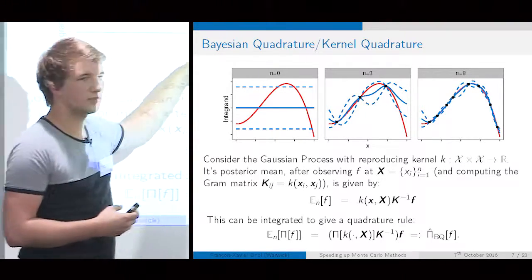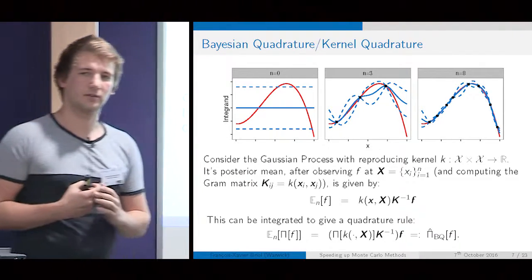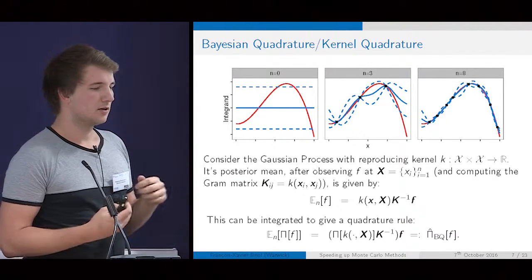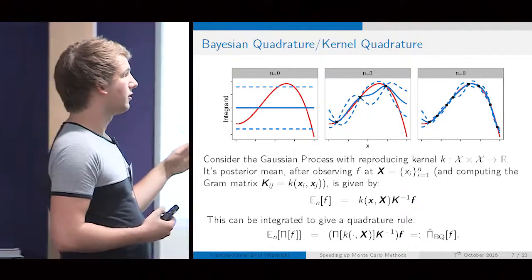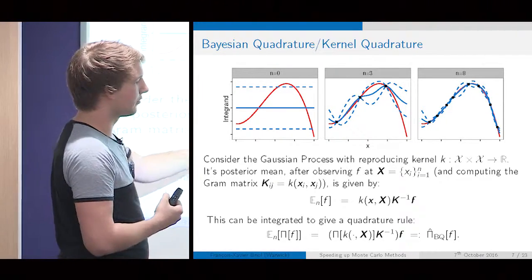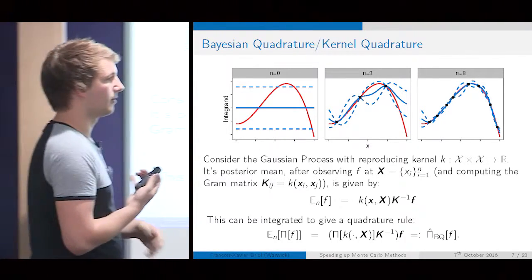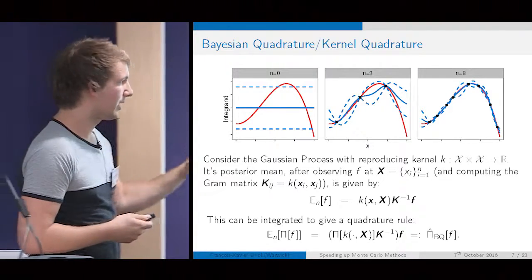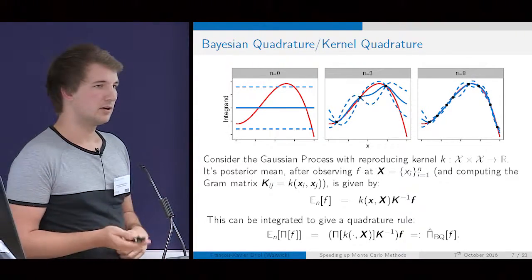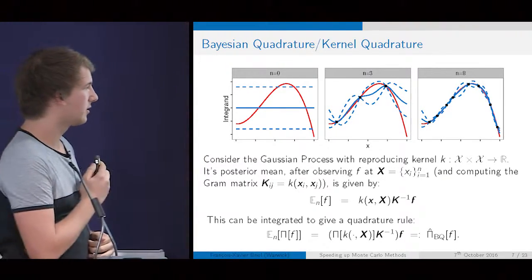Here I've used a very smooth kernel, so I have nice and smooth curves. Essentially, this is a way for you to use some prior information you might have about your integrand to improve on the performance. So if you choose your kernel well, then you'll get really good performance with this. I'm not saying choosing the kernel well is easy, and I'll come back to that.